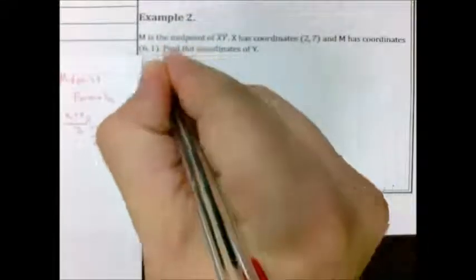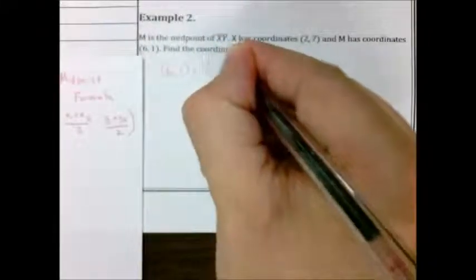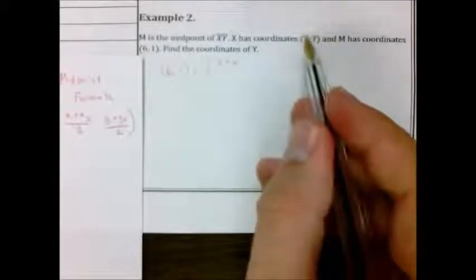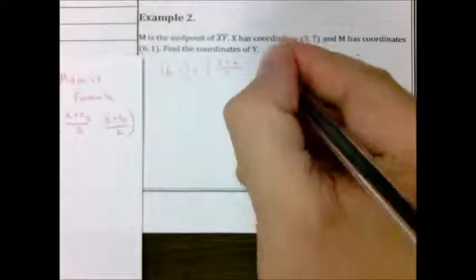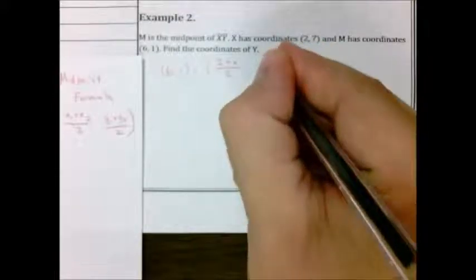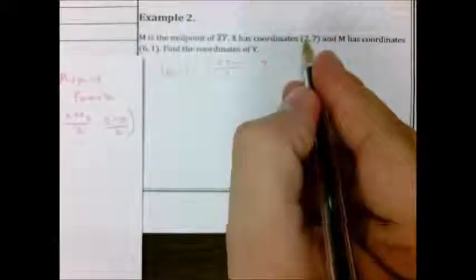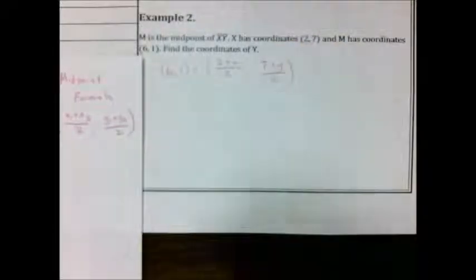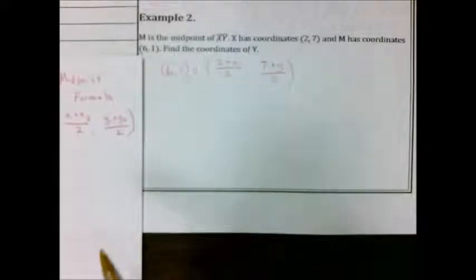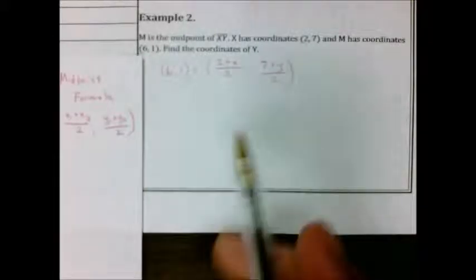We know that M, the midpoint, which is 6, 1, is going to equal 2 plus x, where 2 is the x value of point X, divided by 2, and 7, which is the y value of X, plus y, divided by 2. So I've set this up into the midpoint formula now.